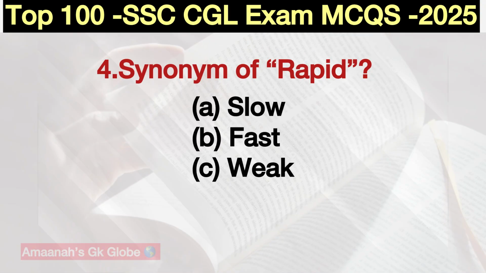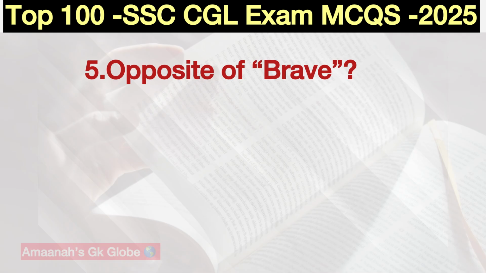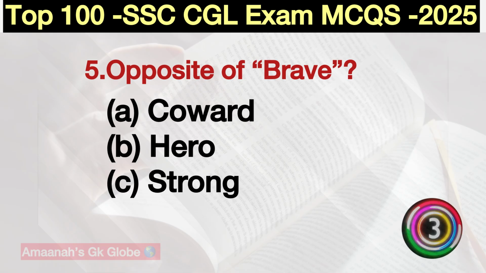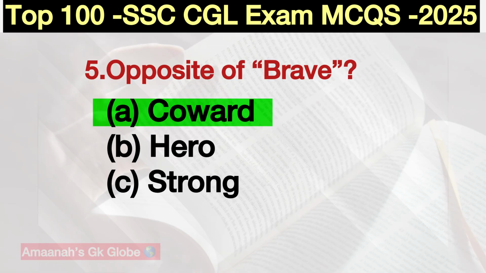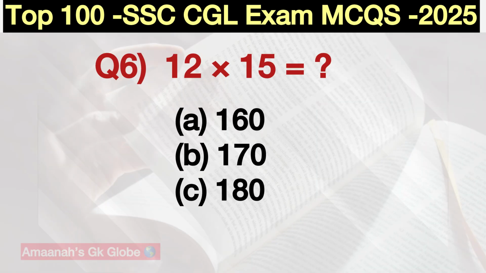Synonym of rapid is. Option B, fast. Opposite of brave is. Option A, coward. Next question is 12 into 15 is equal to.